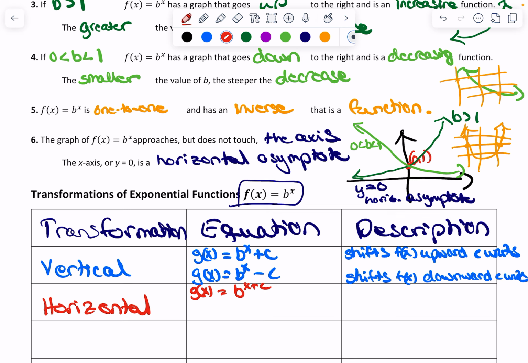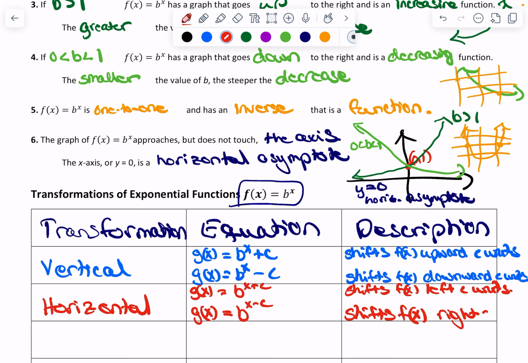So it shifts f of x left c units. And remember that we're doing it kind of backwards as well. So even though it's x plus c, we are shifting it left. If g of x is b to the power of x minus c, then this shifts f of x right c units.